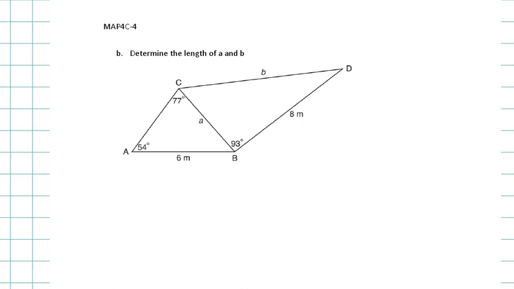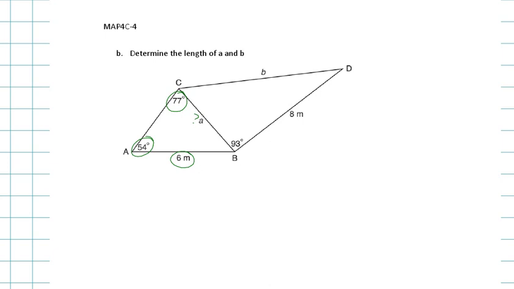Right, so for the side A, we have sine law, using angle C and A. We have this and this to solve for A. Use sine law because I have an angle and its opposite side and another angle. So I can use sine law to solve for it.